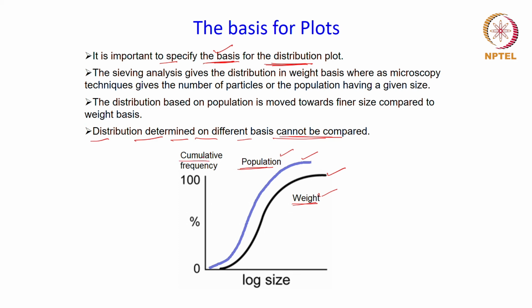And here also the important point to note is the basis has to be specified, because the particle size distribution data determined from different bases cannot be compared, because they are not identical, right. You can see that the population based data move towards finer size compared to weight basis.